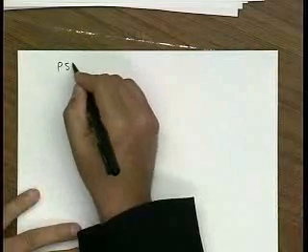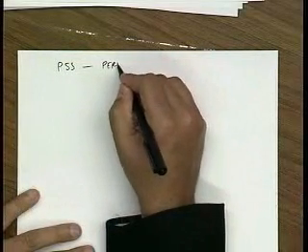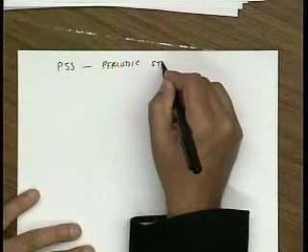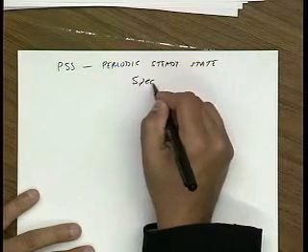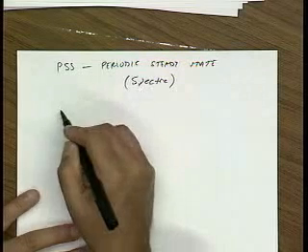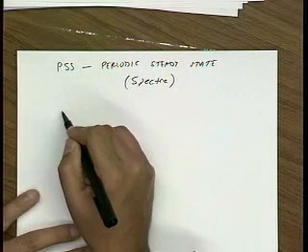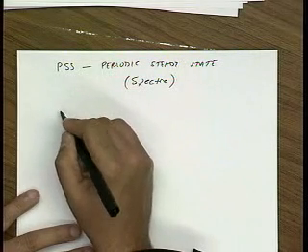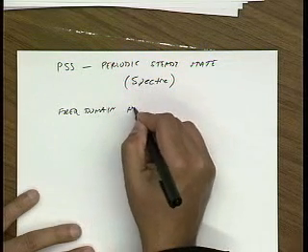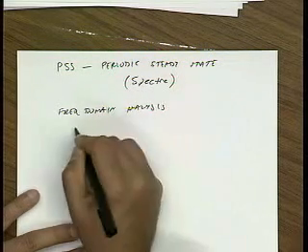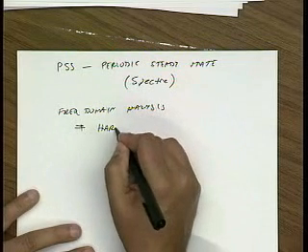The preferable method is to use either a PSS technique, which is the periodic steady state analysis, and this is what Spectre does, or to use frequency domain analysis directly, and this is called harmonic balance.